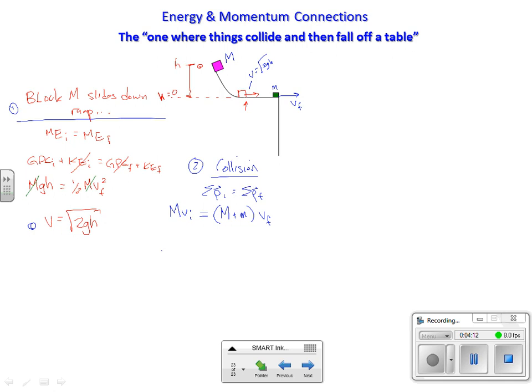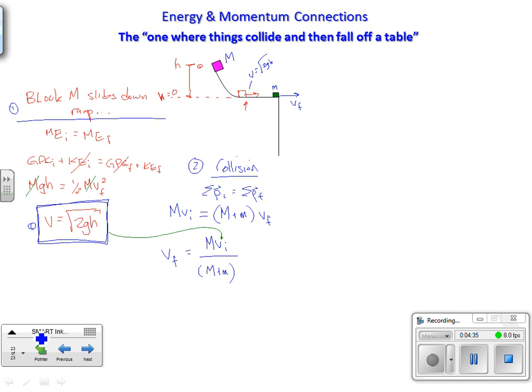Well, that means our expression Vf is M times Vi over M plus m. Now notice, the final velocity for when the block is sliding down the ramp is the initial velocity for the interaction. So we would say that Vf is M square root of 2gh over M plus m.